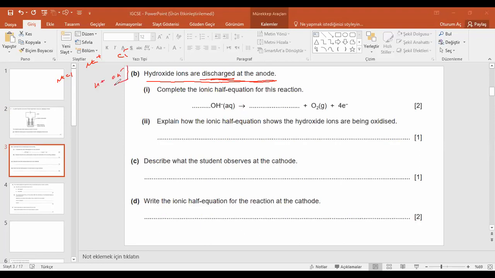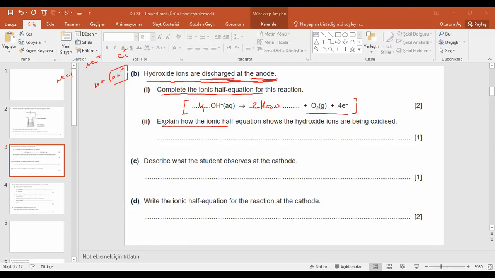So OH- will be oxidized at the anode. Write the half equation. I suppose that you memorize this equation. This equation is the most important one, so I always ask my students to memorize it. So we have 4OH- gives us 2H2O and the rest.